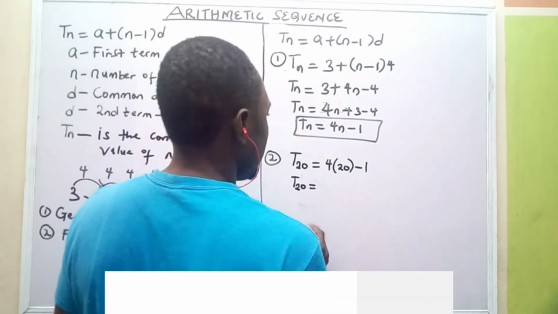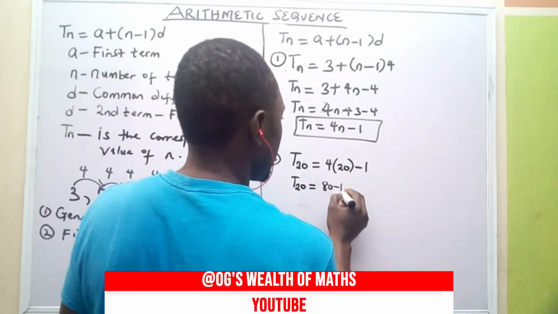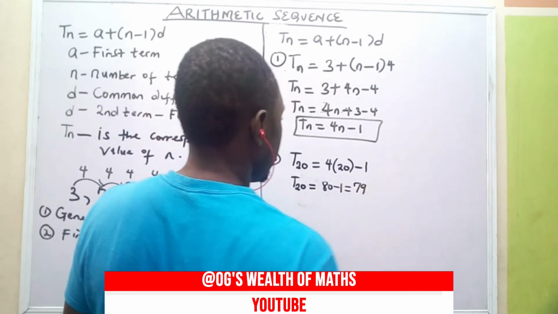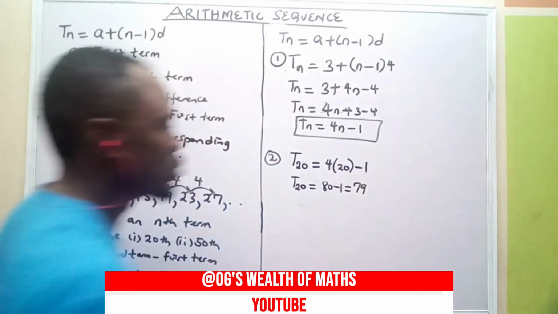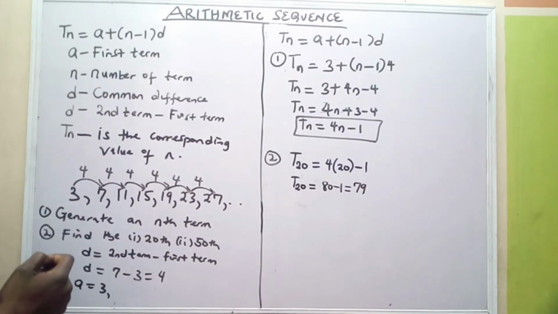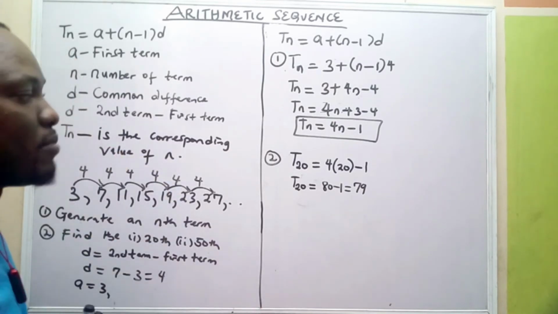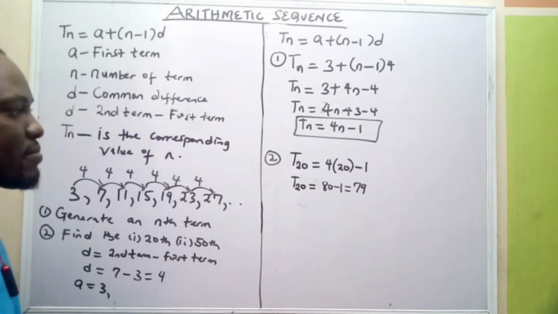So T20 will be 4 times 20, which gives me 80, minus 1, 79. So that shows that when the term number is 20, we have a value of 79. That's the corresponding value, 79.